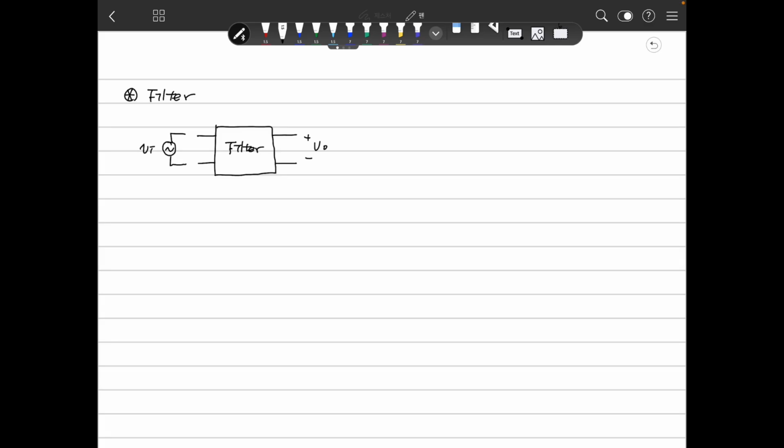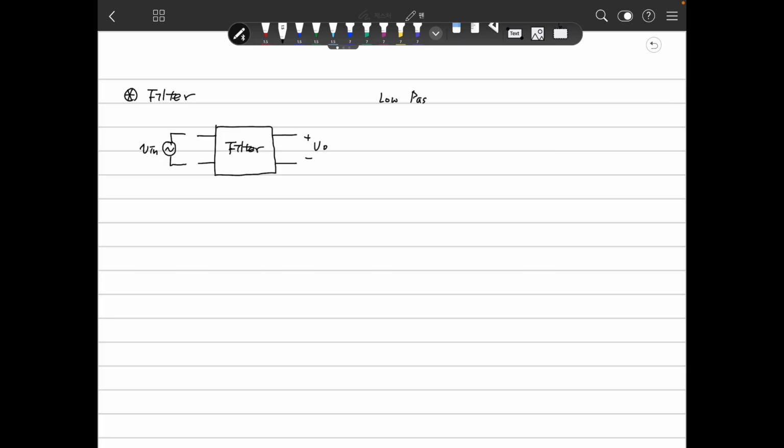We insert the input in this manner. Then there are several typical filters. For example, we want to get only the very steady variables from the source. We call that a low pass filter. I'll give you an example.